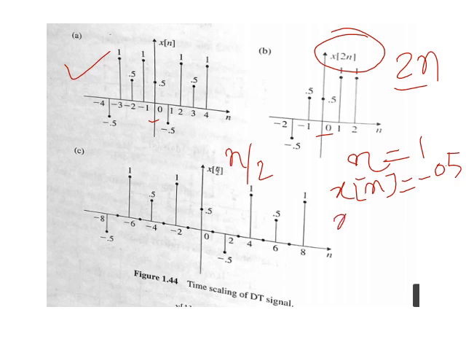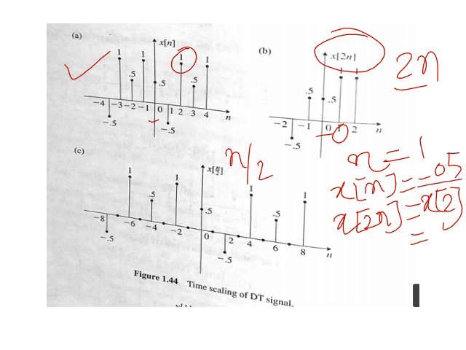So now what is x of 2n? X of 2n means 2 into 1. So x of 2, what is the value of x of 2? X of 2 is 1. So this amplitude 1 will be replaced at 1, and this minus 0.5 is discarded. Okay, minus 0.5 is discarded.